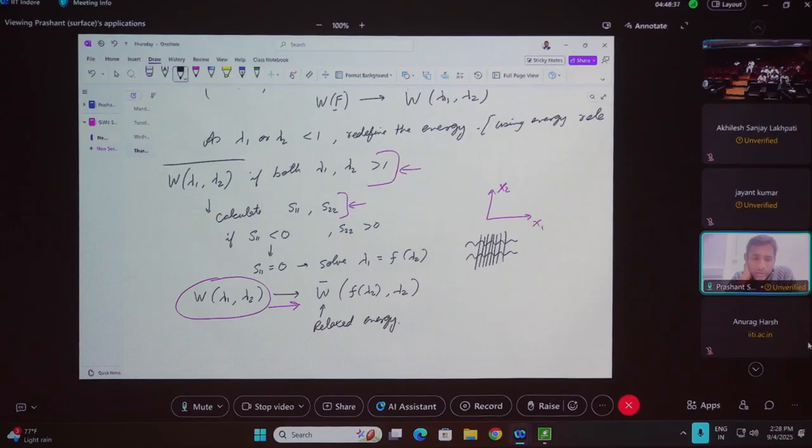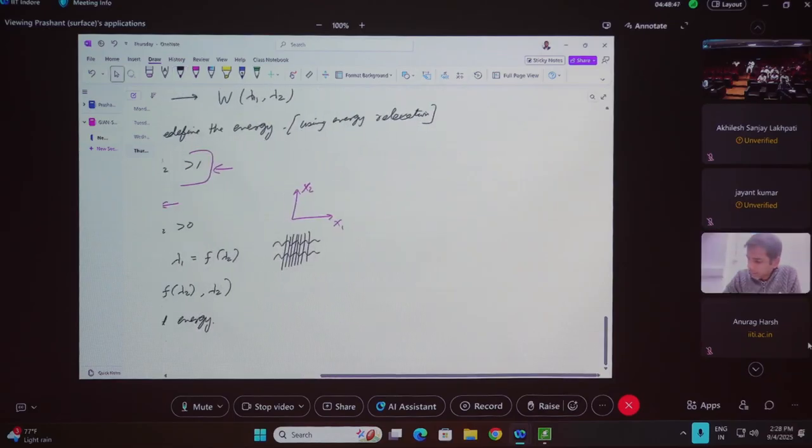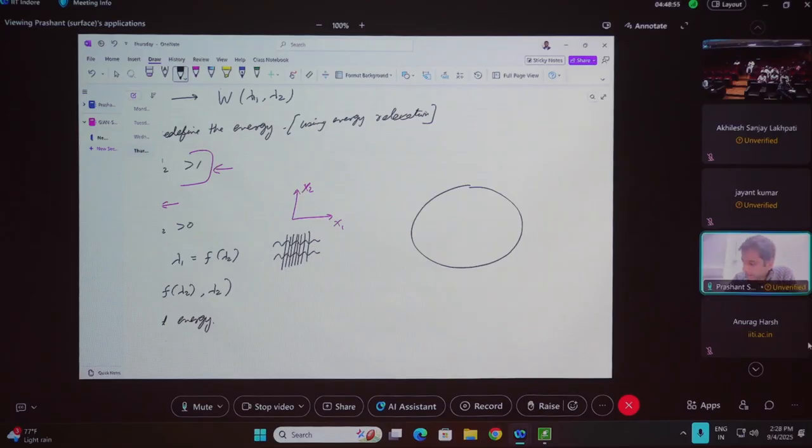Just to give you an example, one of the applications is where you start with, let's say, a circular membrane, and then you can apply different loading conditions at different locations.